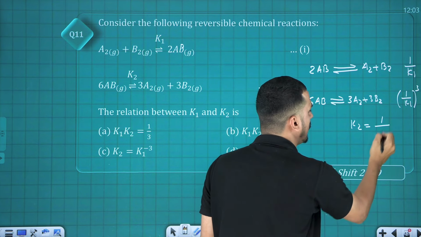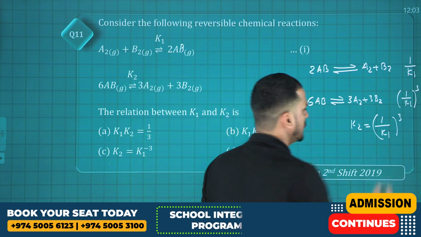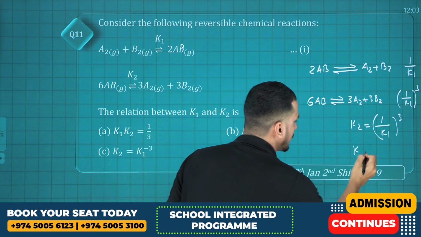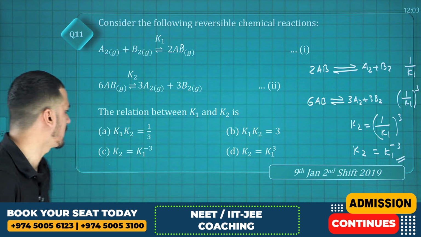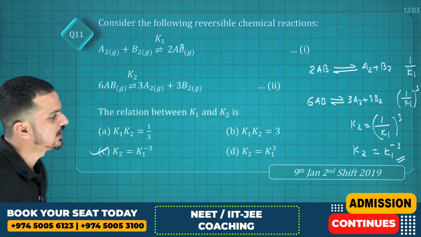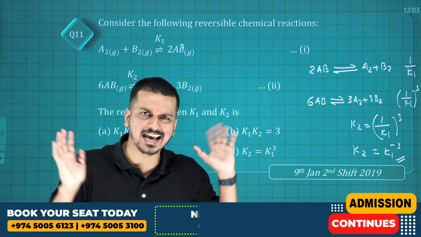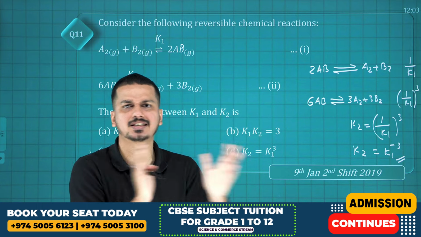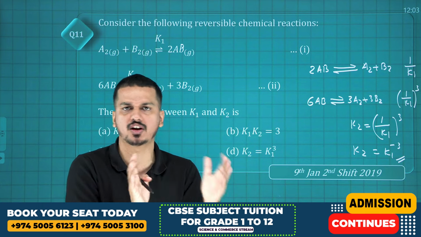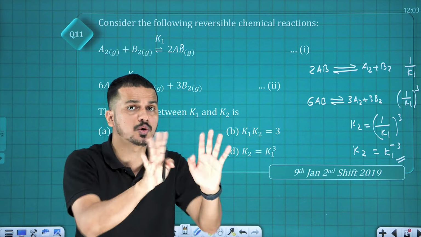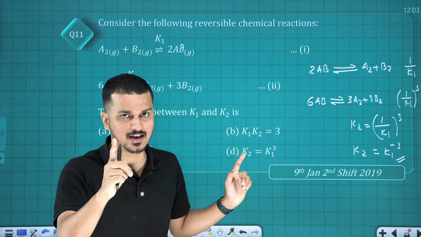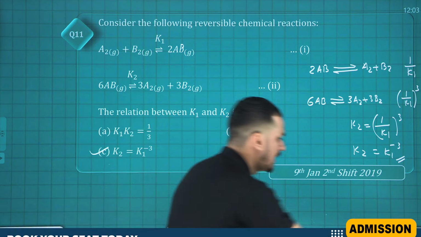So K2 equals 1 by K1 all cubed, meaning K2 equals K1 raised to minus 3. Is there any option like that? Yes, K2 equals K1 raised to minus 3. Whenever we change the equilibrium reaction, how it affects the equilibrium constant, if you know that idea, you can answer one question from here. Clear, dears? Yes. We can move to the next question.